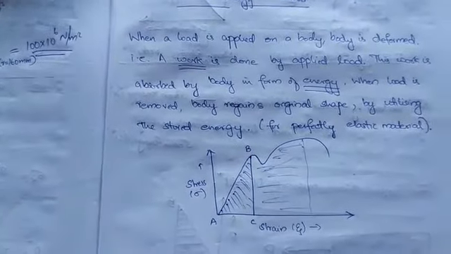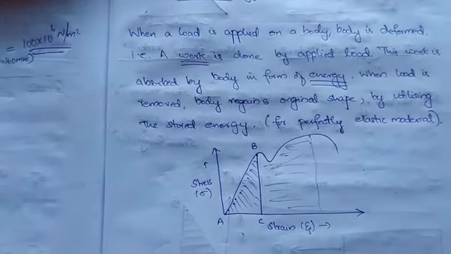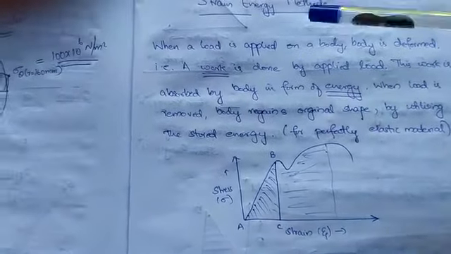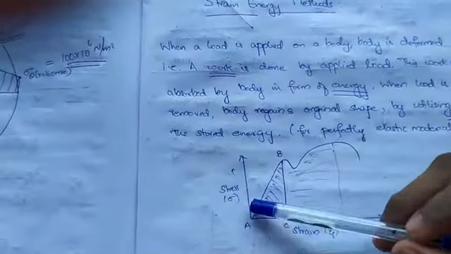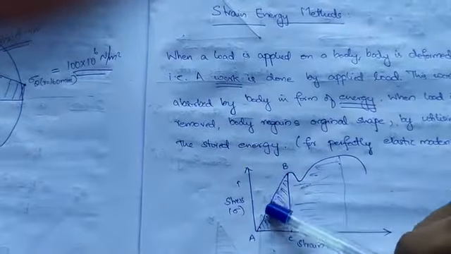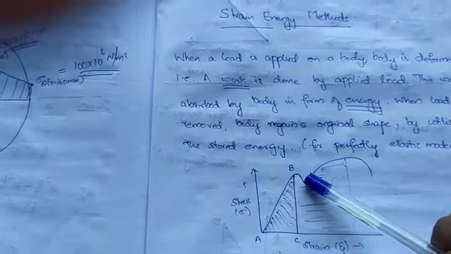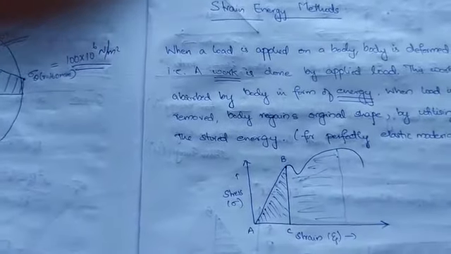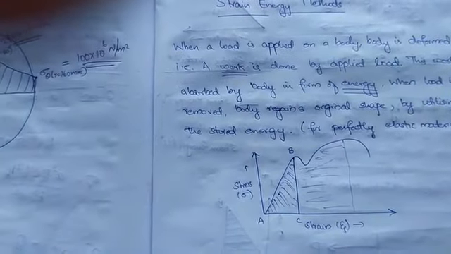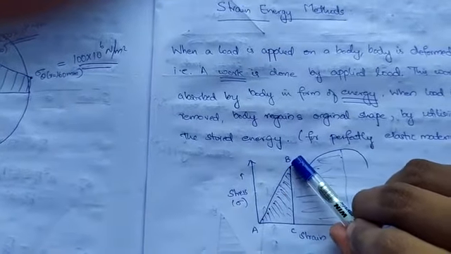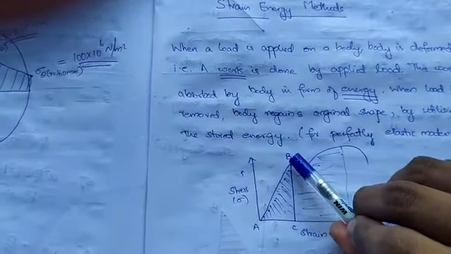So here we'll recollect the stress strain diagram of mild steel, in which you have a linear curve up to the point B. From there you know what the process is. We are dealing only with the elastic limit, up to this elastic limit.